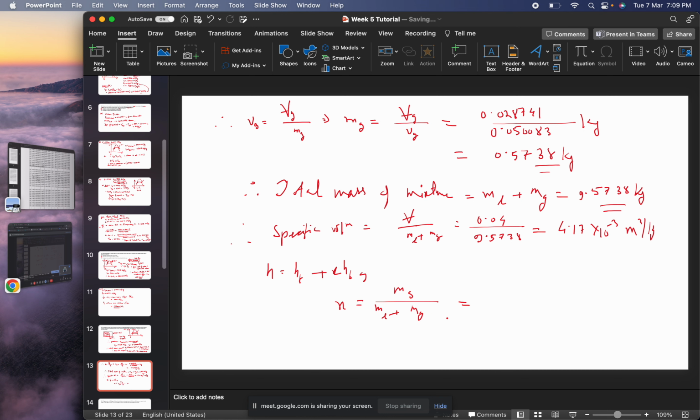Okay, so mg is 0.5738 divided by 9.5738, which is 0.06 approximately. Okay, this is your x, so therefore H is what?